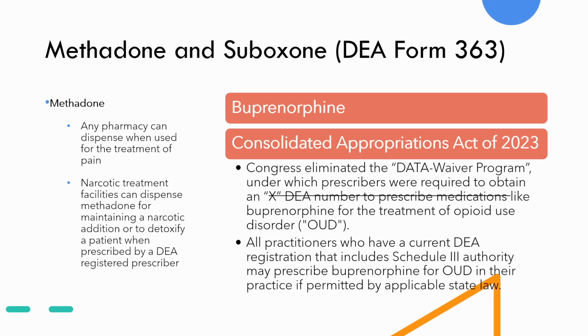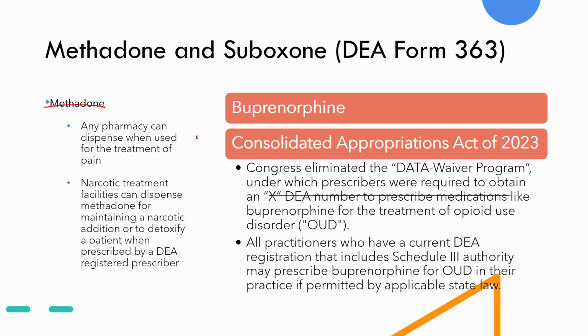Okay, so this one we're going to be talking about methadone and Suboxone. These are based on DEA Form 363. So let's begin with methadone. Methadone is a little special because it's used for pain and for detoxification purposes.